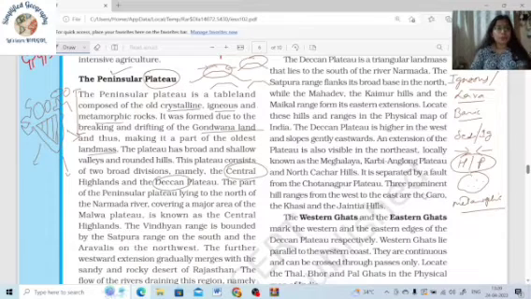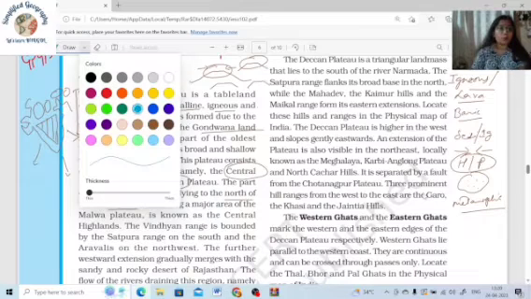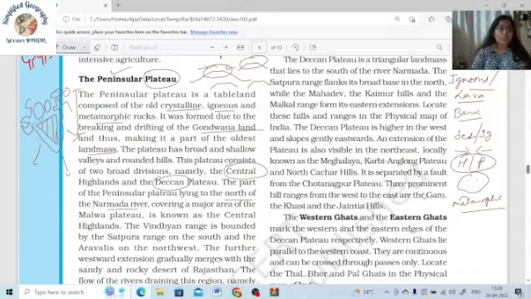The part of the Peninsular Plateau lying to the north of the Narmada River. Where is river Narmada? Let me show you. Here runs river Narmada, after that river Tapti. So this is river Narmada and Tapti.